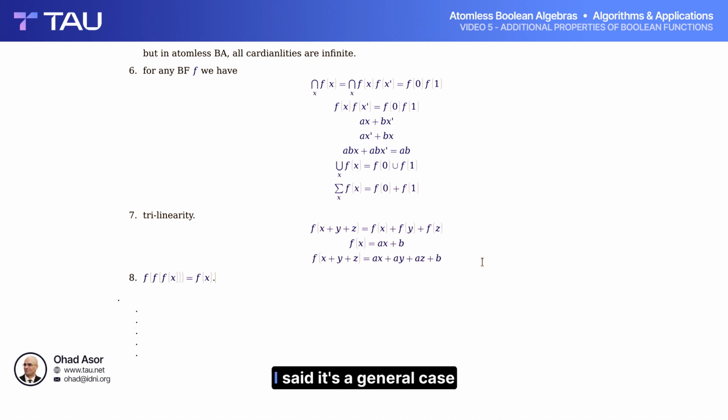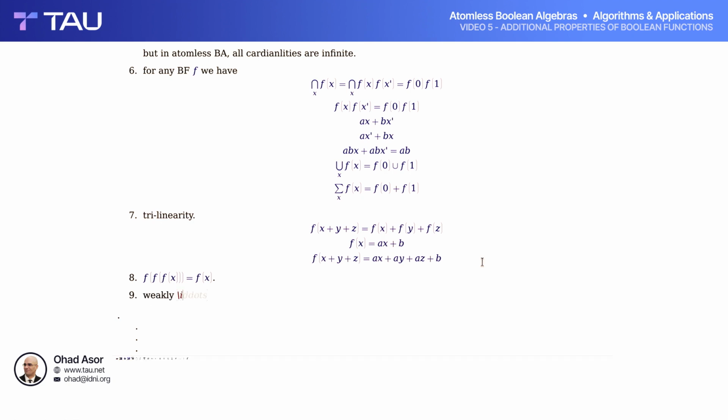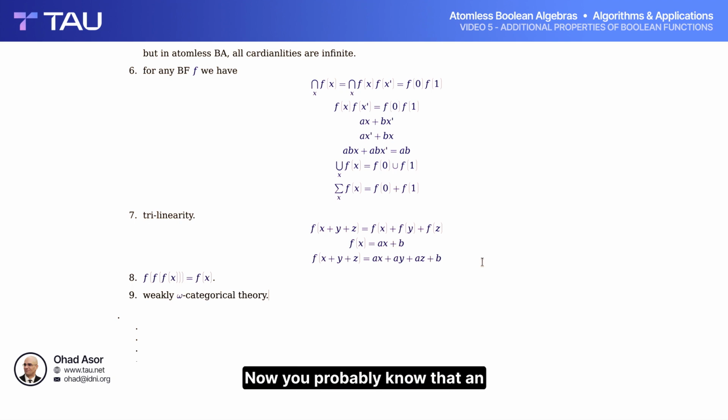So maybe indeed, I said it's a general case that we will need later, so let me dive into it right now. Let me throw out some ugly term, the term weakly omega categorical theory. Now, you probably know that an omega categorical theory is a theory in which all its countable models are isomorphic.